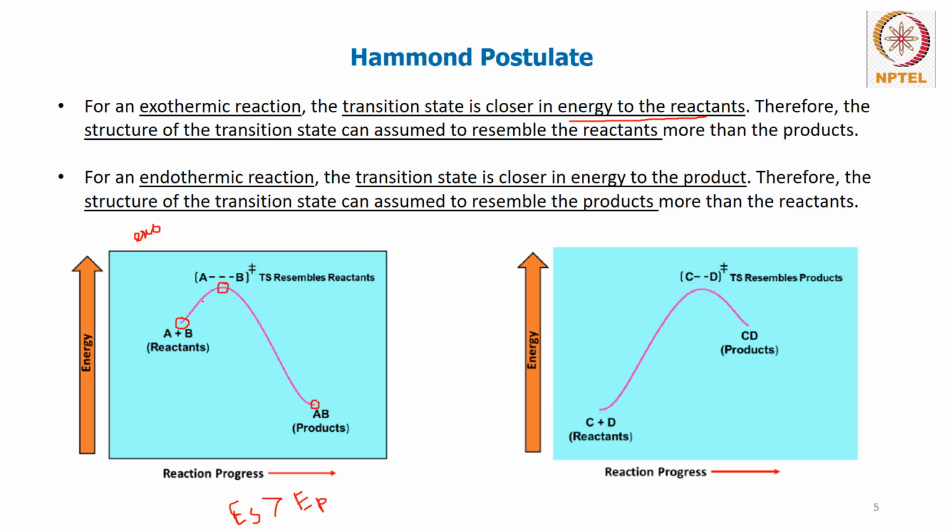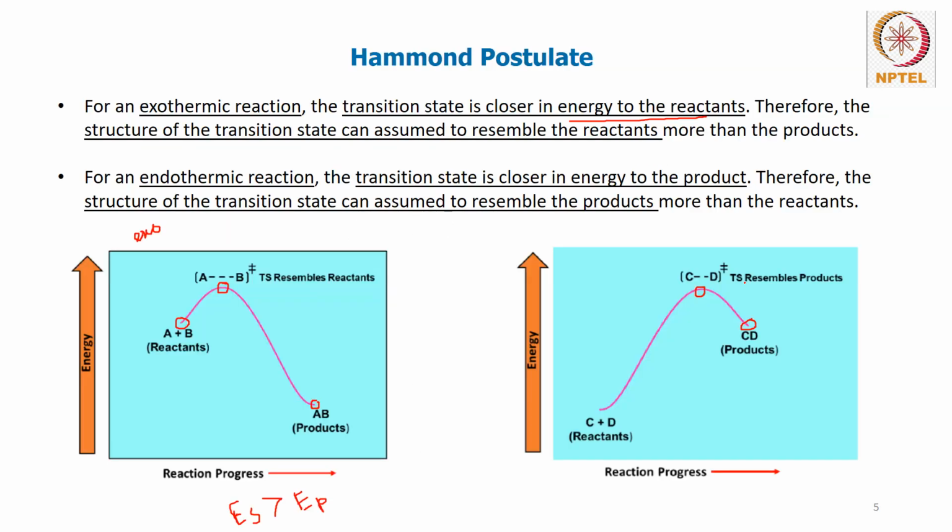In this case, the transition state always resembles the product, because it is closer to the product energy. That's why the transition state has a greater tendency to look like, or behave like, the product.